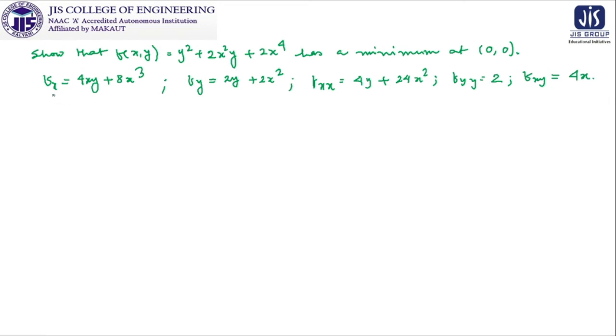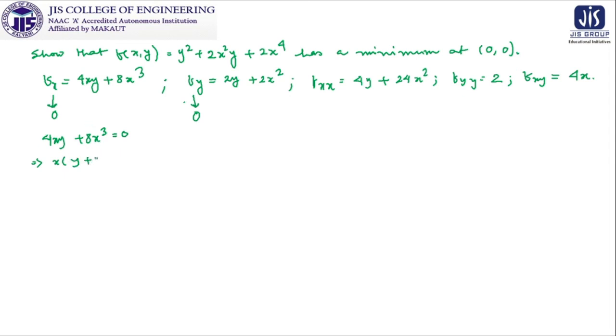Now for extremum, we know that this requires to be 0, this requires to be 0, because they exist and we want to find out the extremum. So what we get, that 4xy plus 8x cube is equal to 0. This gives you, taking x common from this, we get y, and 4 is cancelled out from this one.